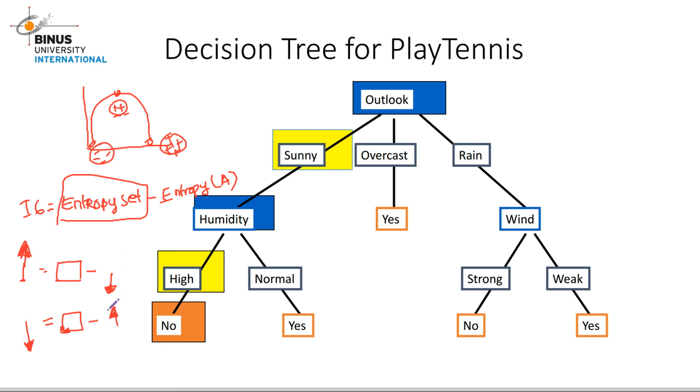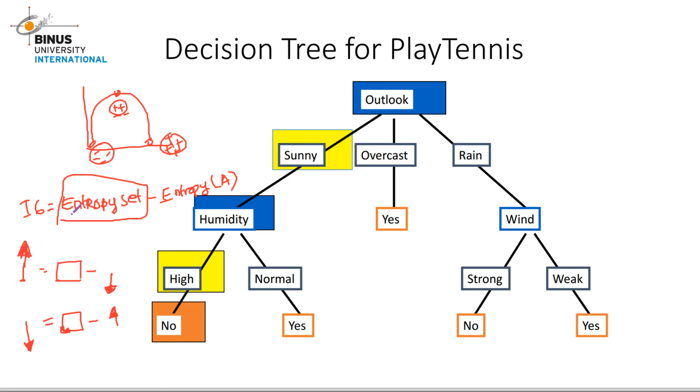Because you subtract the fixed value with the big value, so you are left with a small number. But if we subtract the fixed value with a small entropy, you will have a very big information gain.